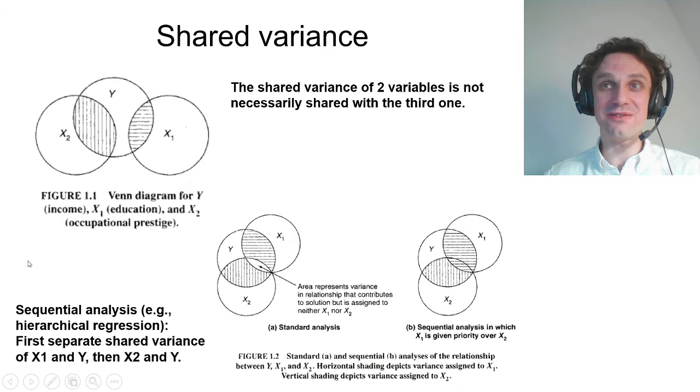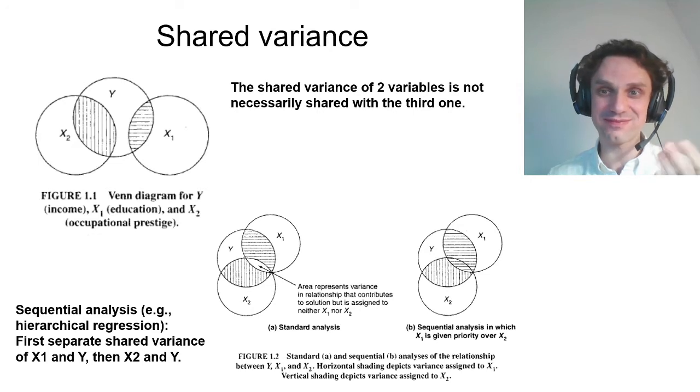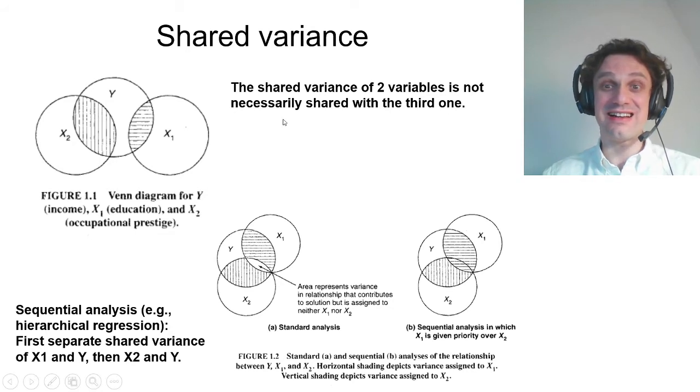To illustrate it further, we can take a look at these diagrams from the textbook of Tabachnick and Fidell, a wonderful textbook on multivariate statistics. And basically, why do we even have this problem of shared variance?